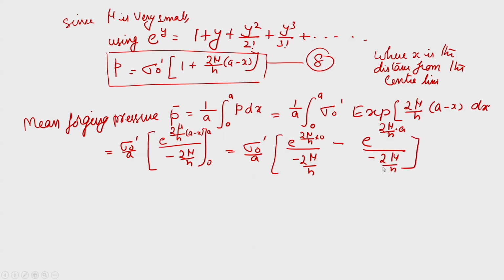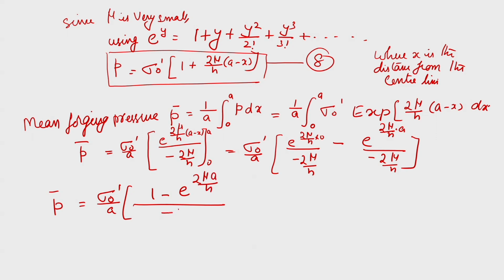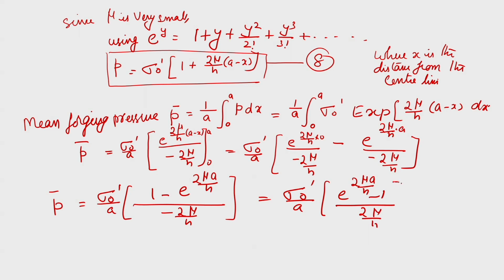So, we will get p bar is equal to sigma naught dash by a into, if you do a simplification, 1 minus e raised to 2 mu a by h over minus 2 mu by h, or that is equal to sigma 0 dash by a into e raised to 2 mu a by h minus 1 over 2 mu by h.